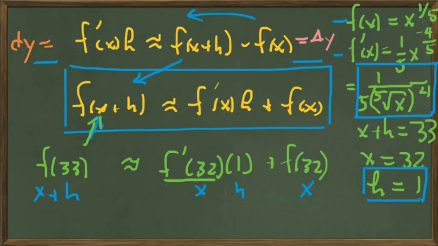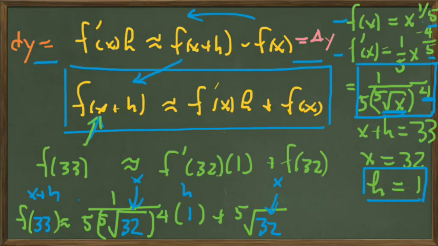The minus 4/5 power, the 5 in the denominator is the root, and the 4 in the numerator is the power. We want to do that in a specific way: take the 5th root first and then raise to the 4th power. So let's calculate what that is when we plug our x in.